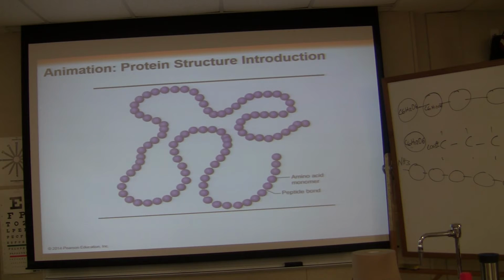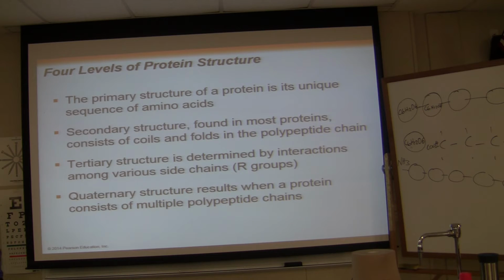Because they are so complicated, proteins are usually described in terms of 4 levels of structure. The primary structure, there are 4 structures. Primary, I should have bolded these. The primary, secondary, tertiary, and quaternary.